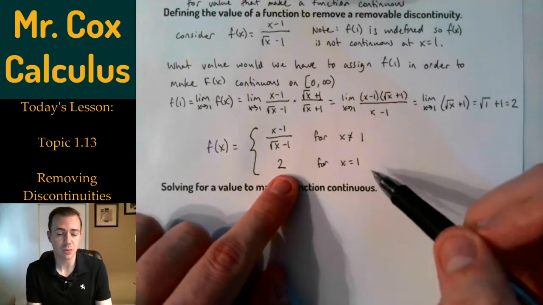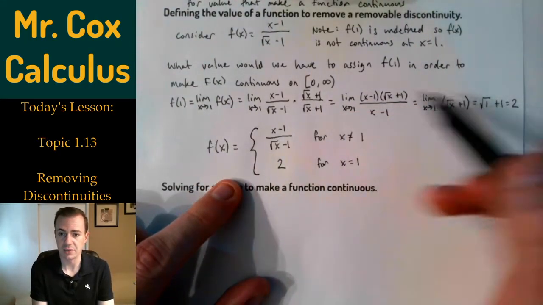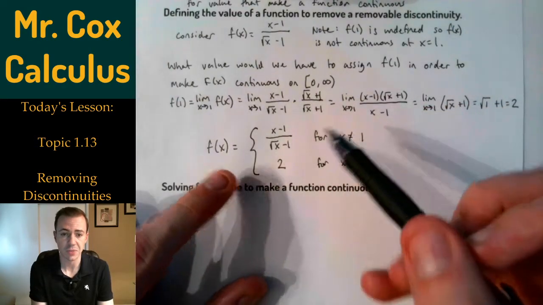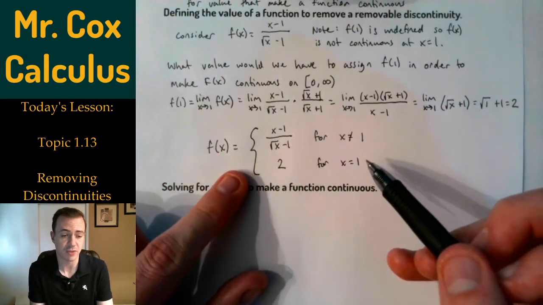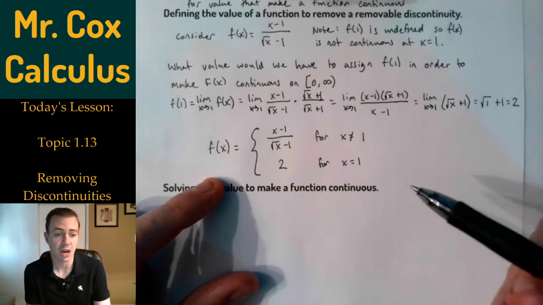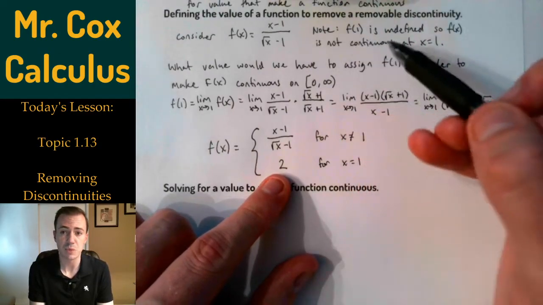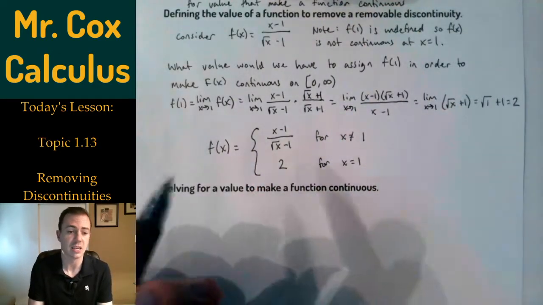And this function right here, if you apply our continuity definition, you would essentially get this work that's on this line right here. But you would find that this function is in fact continuous across this domain from 0, including 0, the left endpoint, to infinity, because we removed this discontinuity at f of 1.